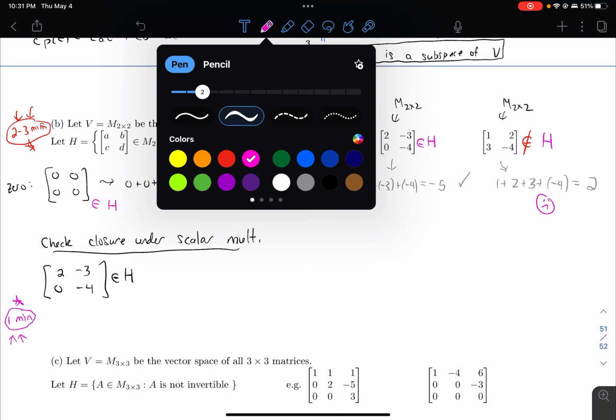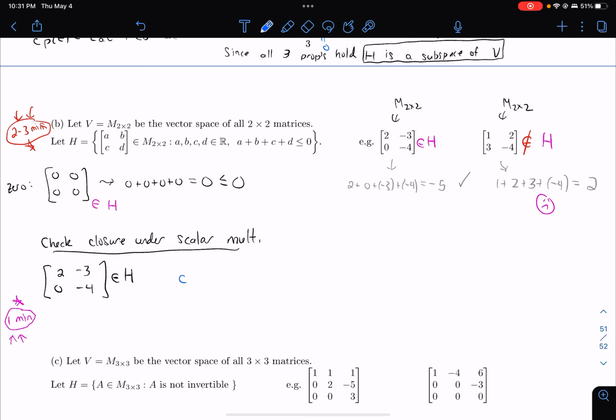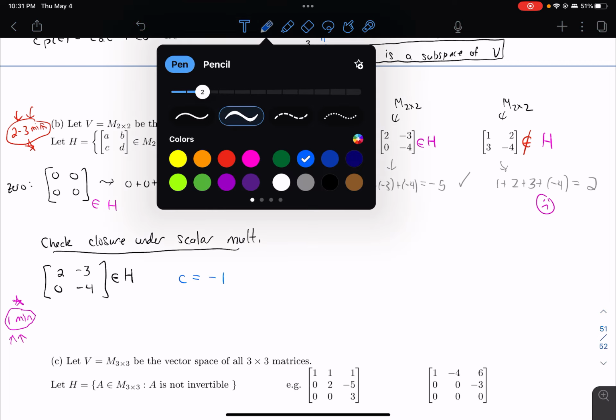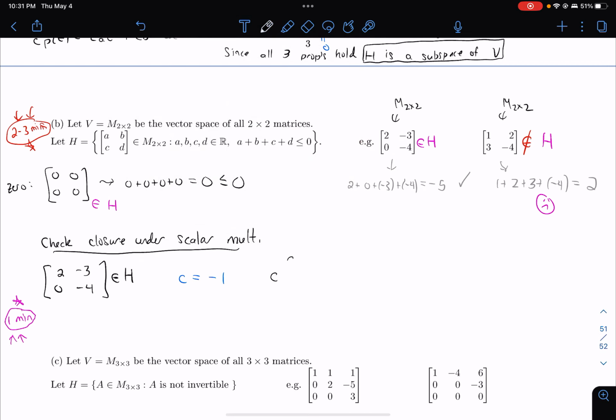Okay, all right, let's talk about it. It turns out if you pick anything negative for the scalar, it'll do the trick. Like if I pick C to be -1, and now I multiply C times my matrix, 2, -3, 0, -4, let me go ahead and write that here. This is -1 times the matrix.